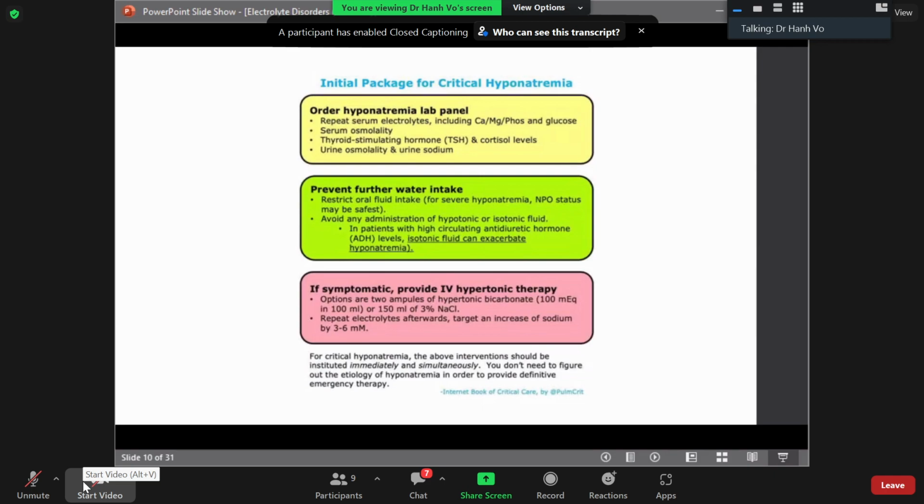We can repeat the electrolytes and check TSH and cortisol level. Prevent further water intake, like restricting oral fluid intake, and avoid giving any hypotonic or isotonic fluid.